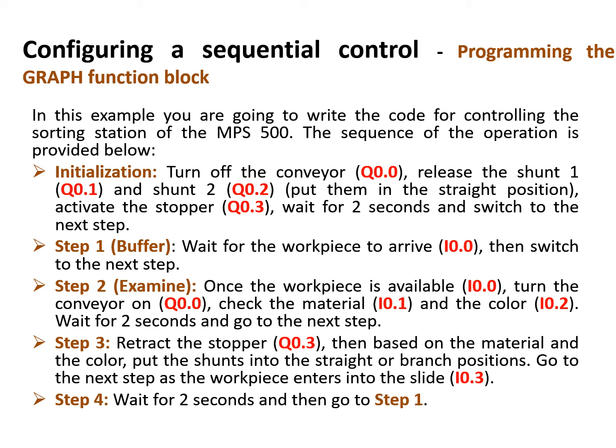Okay, so we need to continue the process, and that will be done in step 4. Wait for 2 seconds and then go to step 1. Why? Because we need to wait for the next part to arrive, and then we need to repeat all of these steps to sort that part.